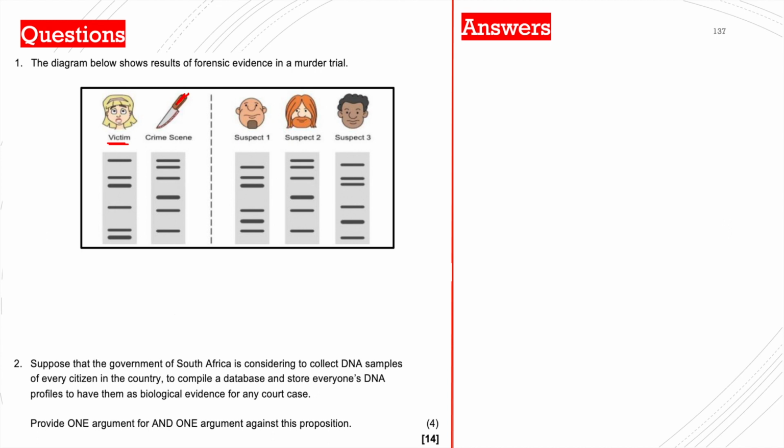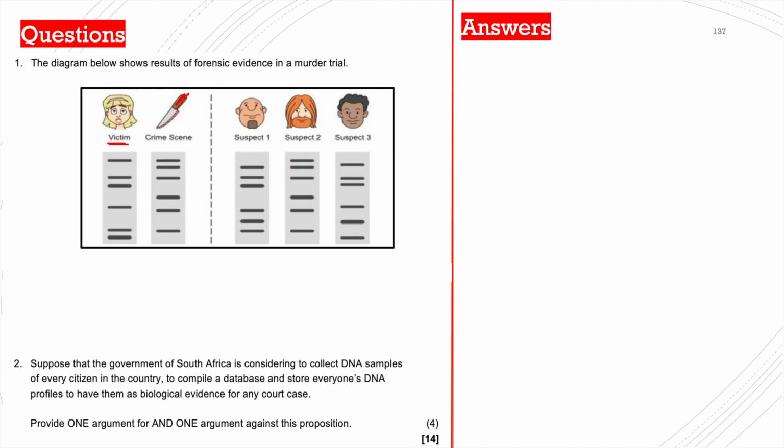So when we analyze the pattern of black bars, let's check them one by one. This black bar does not match this suspect. It matches that suspect and does not match this suspect.